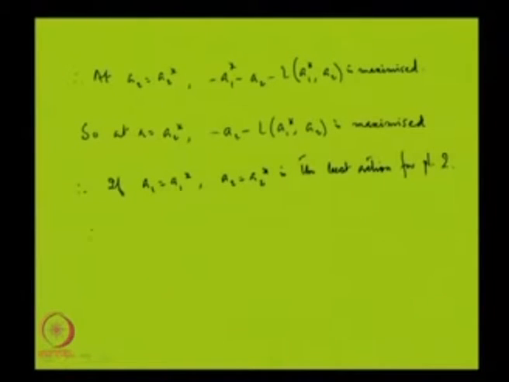Therefore, A1 star, A2 star is a Nash equilibrium. So, we have proved that this is a Nash equilibrium.